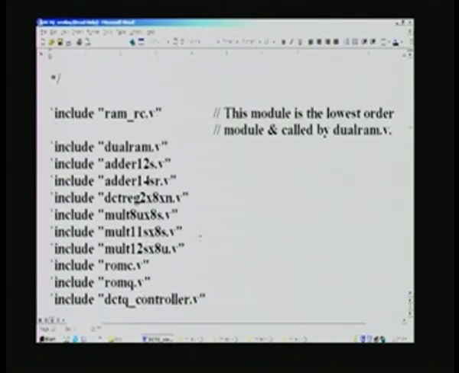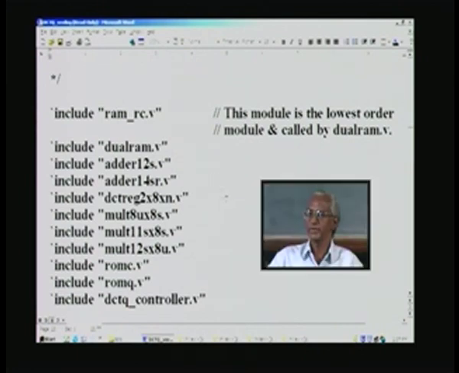Earlier, if you remember, we have seen the bottom up approach of the design, and herein what we will see is the reverse, that is the top down approach of the design. In the earlier bottom up approach we started with the lowest modules such as RAM-RC, and then we went on to a higher level which invoked this RAM-RC, and that higher level is dual RAM.